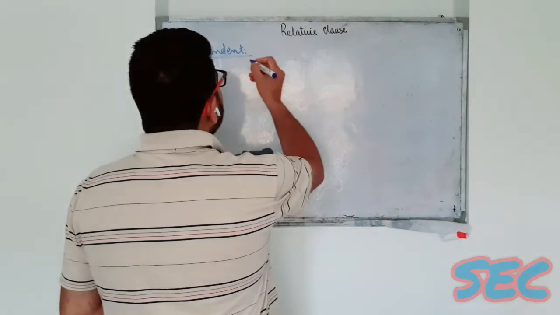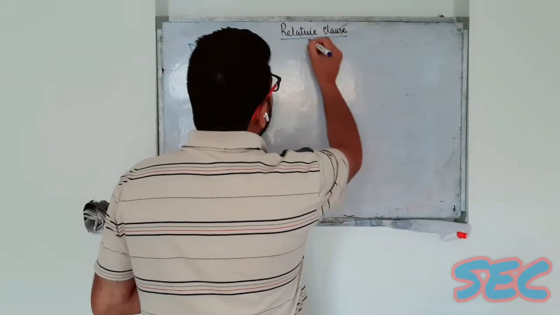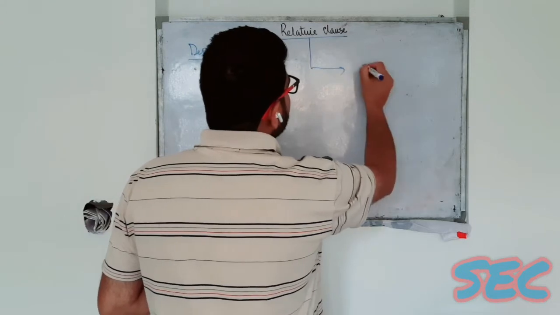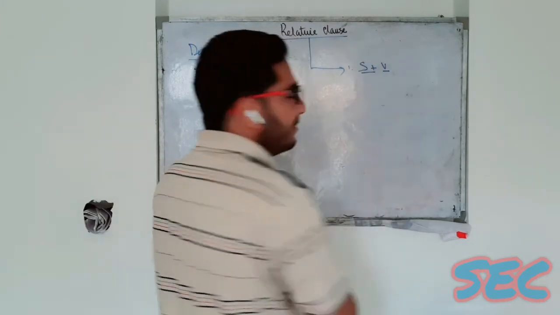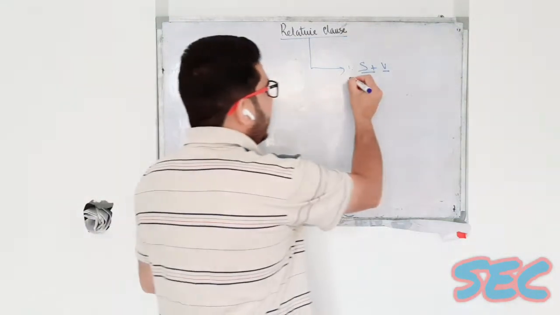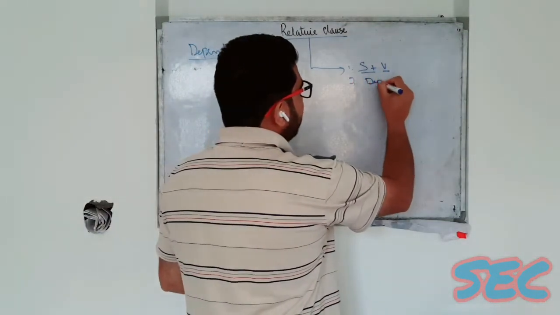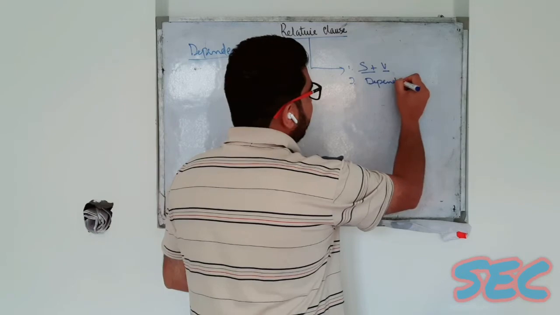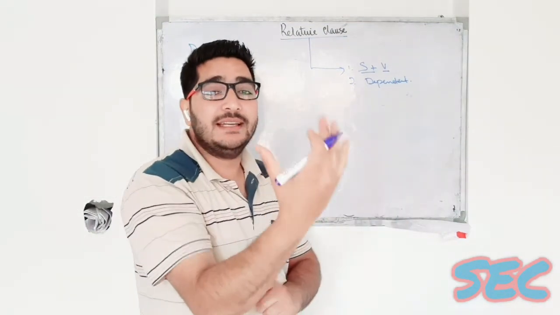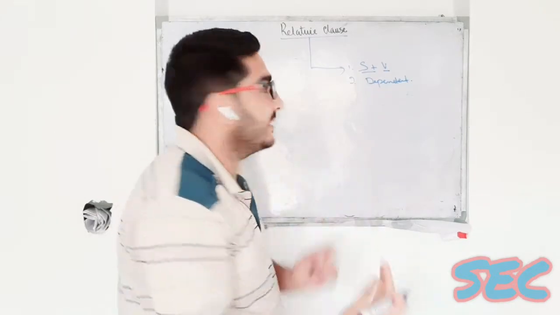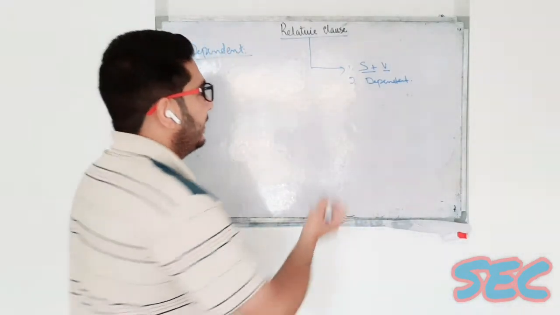As far as a relative clause is concerned, first point, it has subject plus verb. Second, it is dependent, because it belongs to the category of dependent clauses.